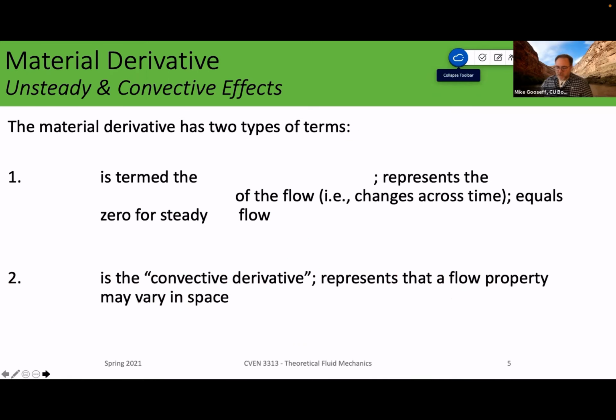Okay, so there are two primary terms in the material derivative, right? What we saw was a del of whatever, del t. So this is the first term on the right-hand side of the equation, and this is termed the local derivative.